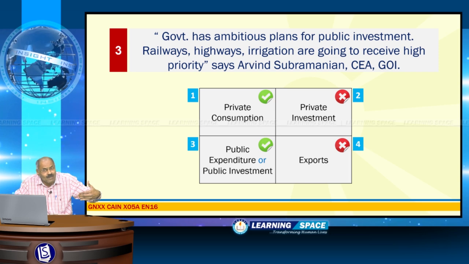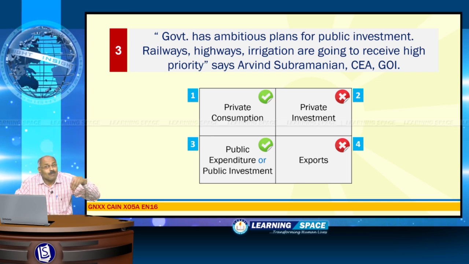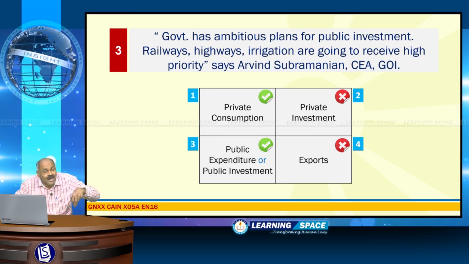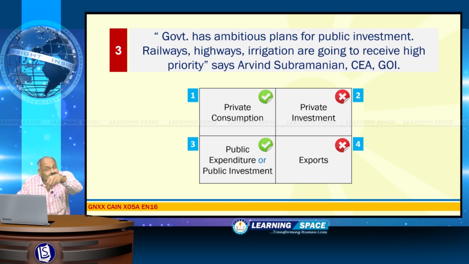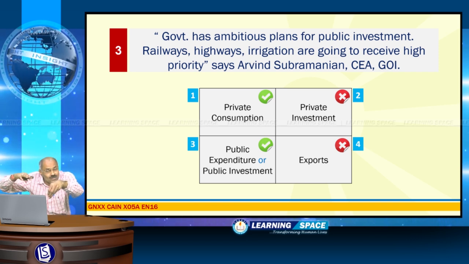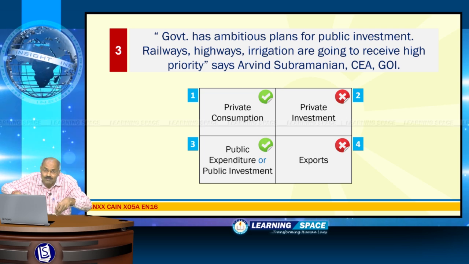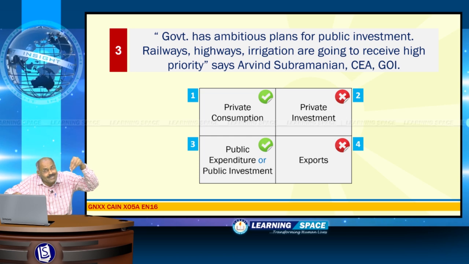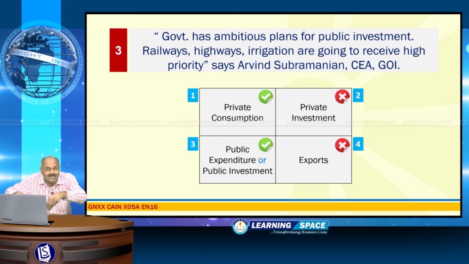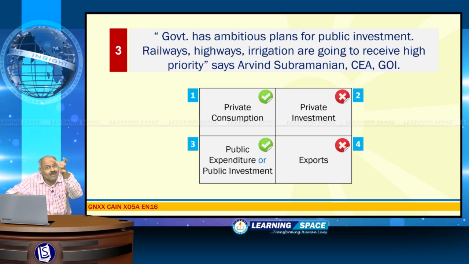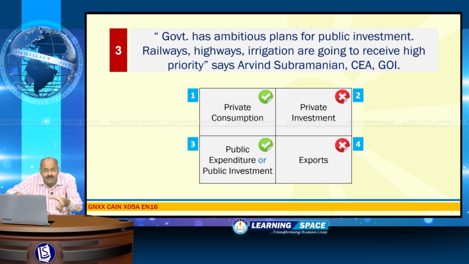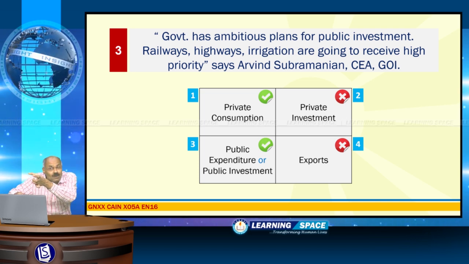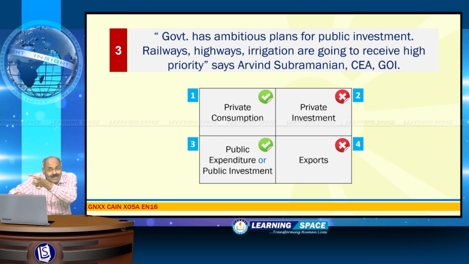But in our country, for the past 1 year, the GDP is primarily driven by private consumption, that means consumption because of high population. Second is public expenditure. Public expenditure is expenditure by the government and by its public sector undertakings. So, these two are primary drivers during the past 1 year, and private investment is not taking off on the expected lines.